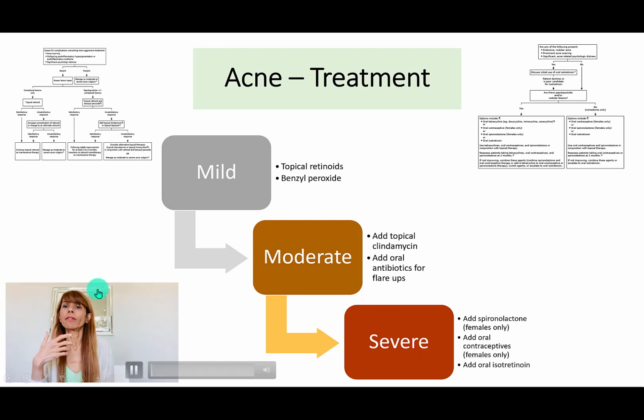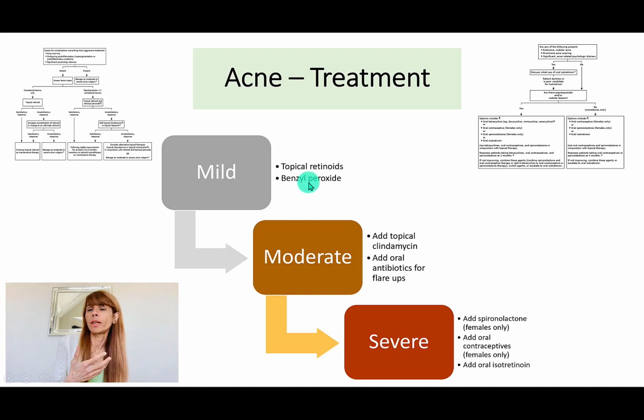Based upon acne grading, we can do the treatment. So there is treatment for mild acne, moderate acne, and severe acne. And again, nobody's going to stay in the same stage all the time. They are going to, of course, move from one stage to another, and accordingly we can change the treatment.